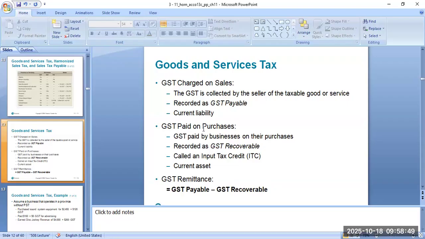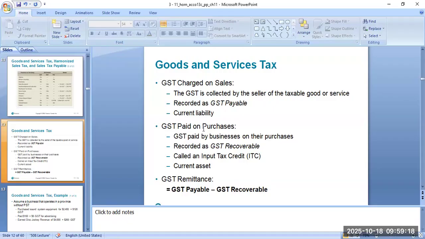Then the GST is collected by the seller on all the taxable goods and services. It's recorded as a GST payable because that is money that doesn't belong to the company. The company temporarily has that money, but it's government money, federal government money.